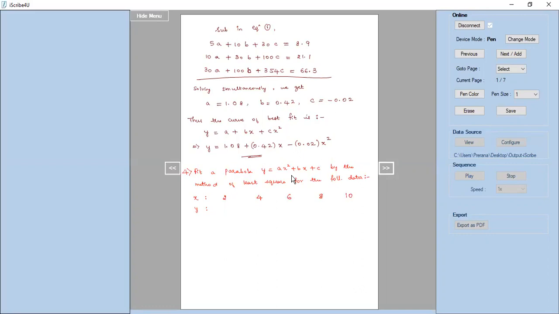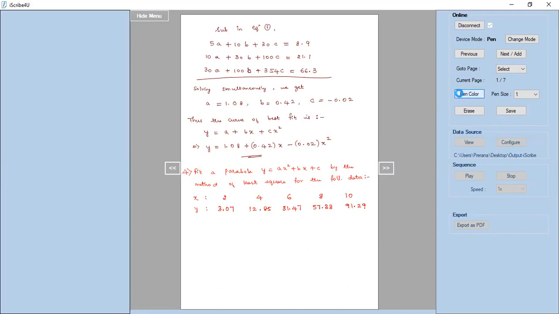Respective values of y are 3.07, 12.85, 31.47, 57.38, 91.29. So these are the set of values of x and y given for us.